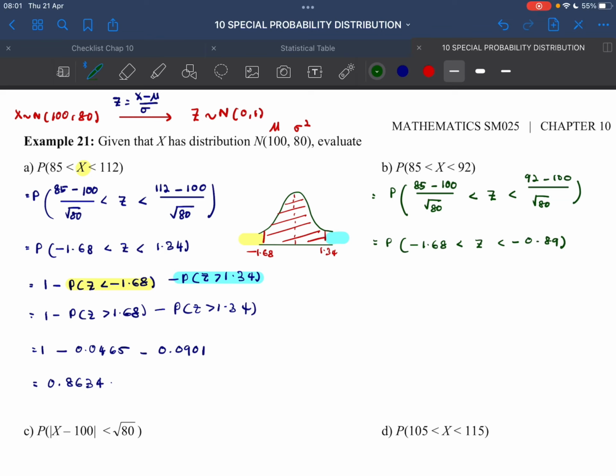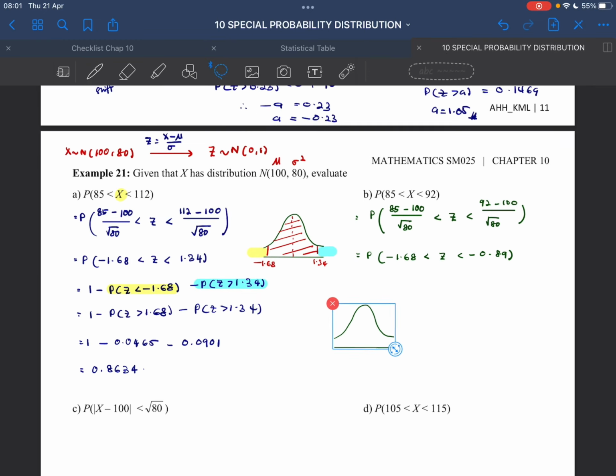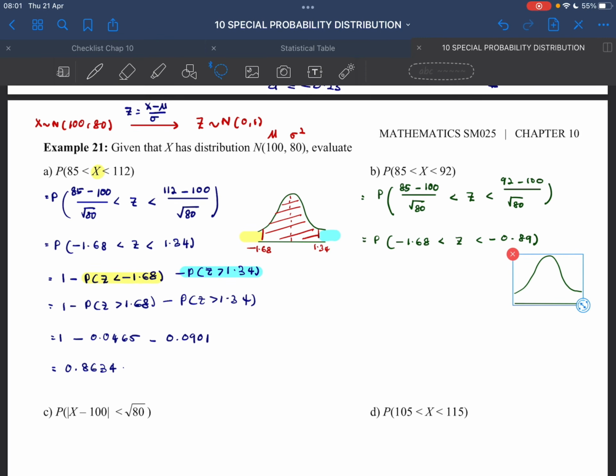Let's just draw the bell shape. Here we have the bell shape, with negative 1.68 and negative 0.89, and this is our 0. Both of our values are negative, so here is negative 1.68 and here is negative 0.89.